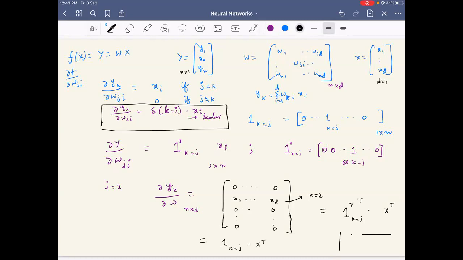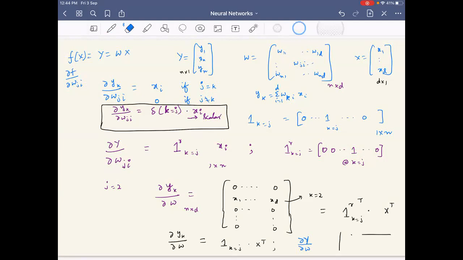Okay, so we are writing 1 k equal to z as a column vector, since the column vector is the conventional vector. So essentially dou yk by dou w we are writing as this. Now the other thing to write is dou y by dou w.